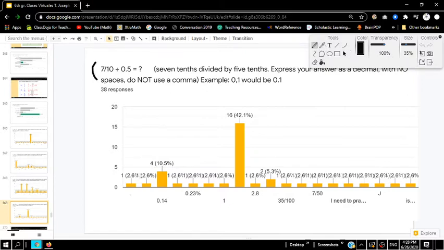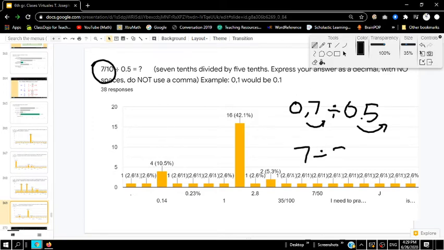So 7/10ths, we can change that to 0.7, and then that's divided by 0.5. Okay, if we move the decimal point over in both numbers, we would have 7 divided by 5. Okay, 5 can go into 7 one time. All right, and then we're going to divide to see that.